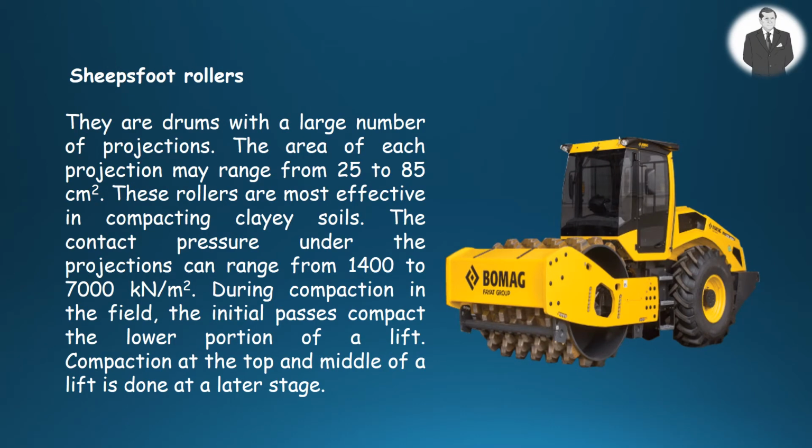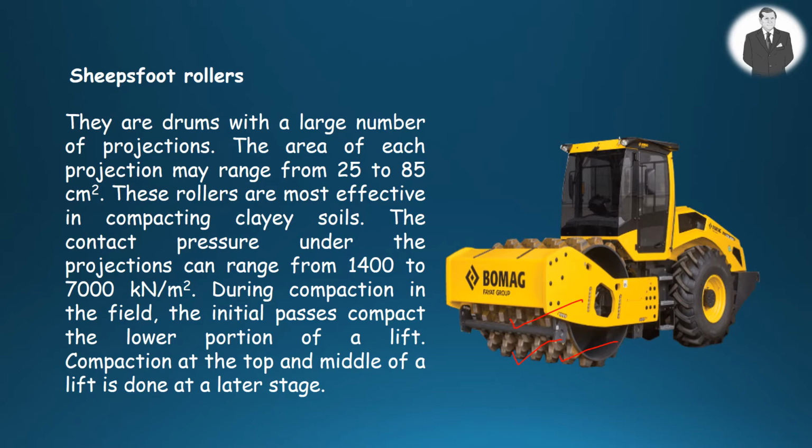Another one is sheep foot roller. They are drums with a large number of projections, as you see in the figure. These are called projections. The area of each projection may range from 25 to 85 square centimeters. These equipments are most effective in compacting clay soils.